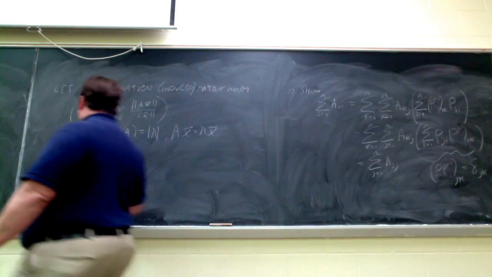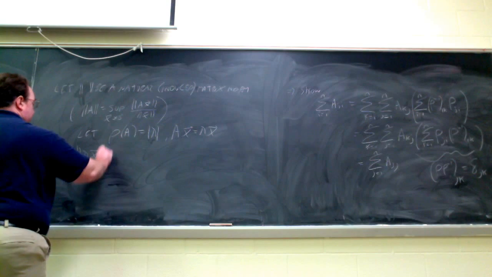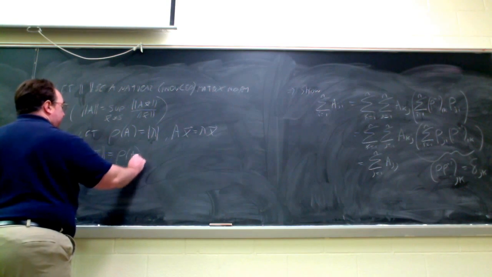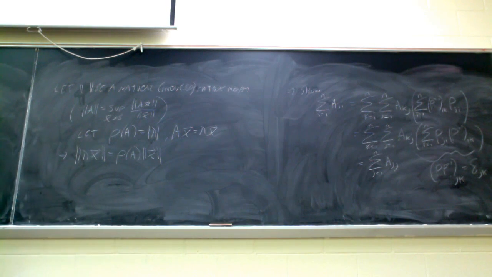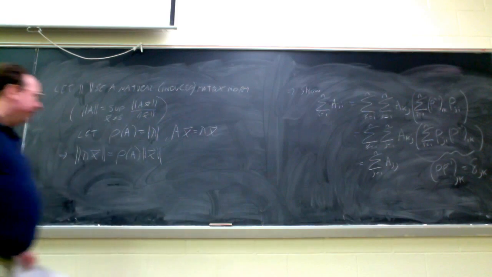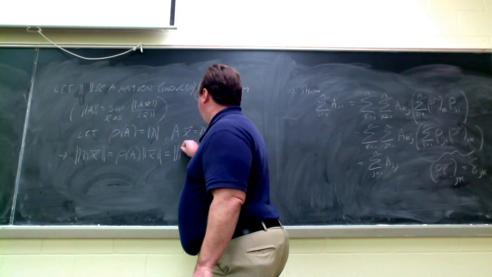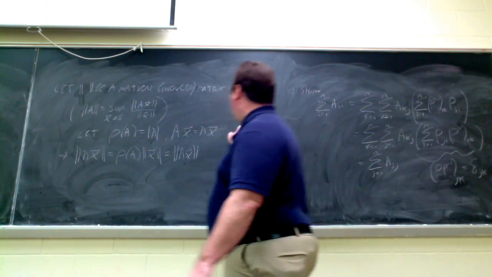So what that would mean is the norm of lambda X, which is equal to the spectral radius of A times the norm of X, because I can pull this lambda out as long as I take the absolute value, that's equal to the spectral radius. But this is equal to the norm of AX, because AX and lambda X are the same.